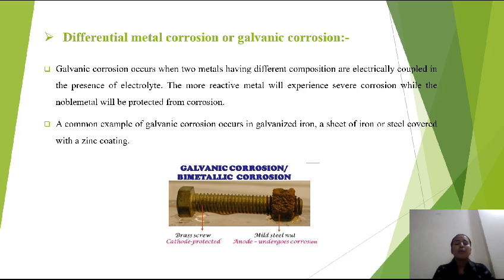A common example of galvanic corrosion occurs in galvanized iron, a sheet of iron or steel covered with a zinc coating. This is an example: galvanic corrosion, brass screw, mild steel nut. This is the cathode, protected. This is the anode, which undergoes corrosion.